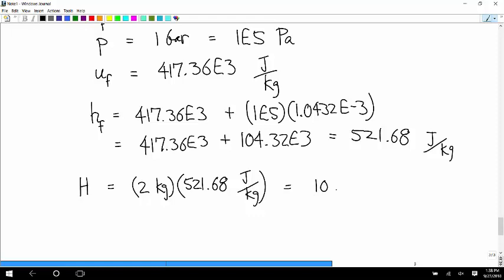And so that's 1,042.36, times 10 to the third.